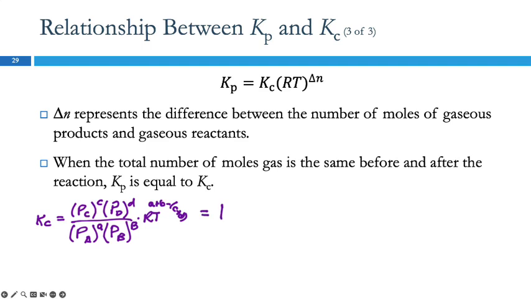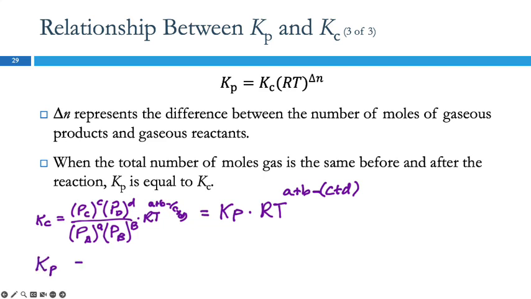So this is equal to KP times RT to the A plus B minus C plus D. Well, if we want to define this in terms of KP, we're going to divide both sides by this guy.